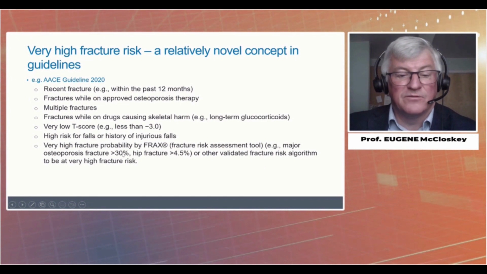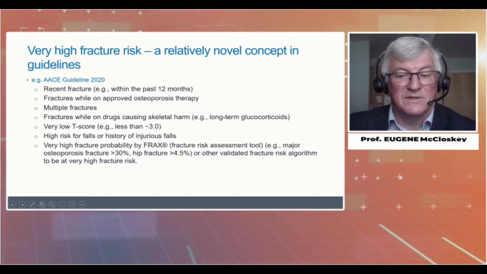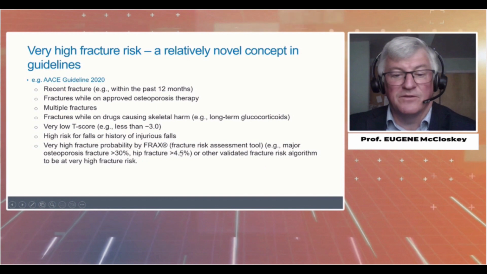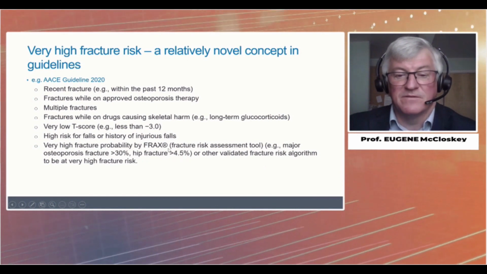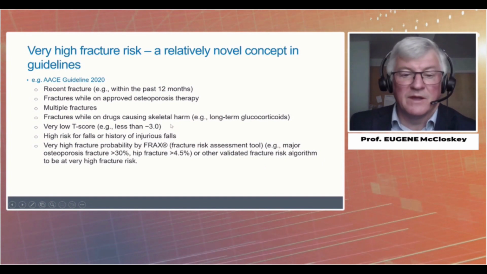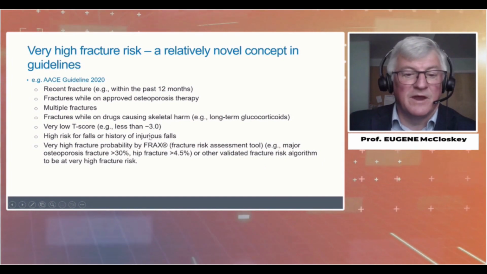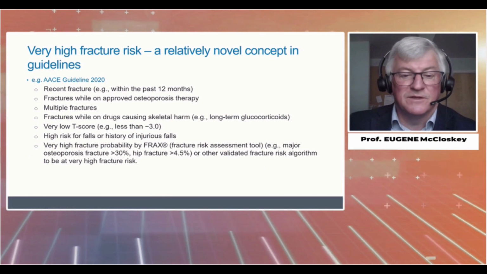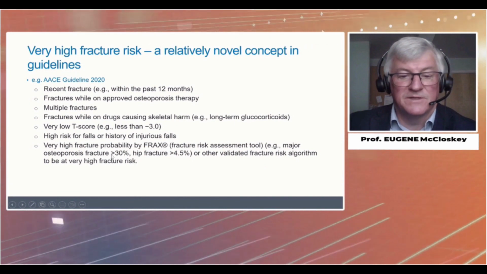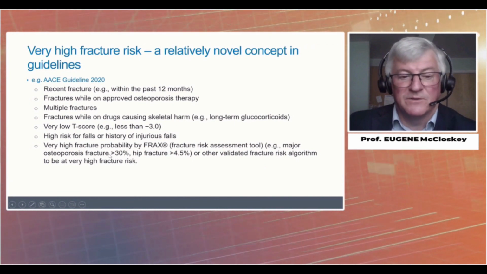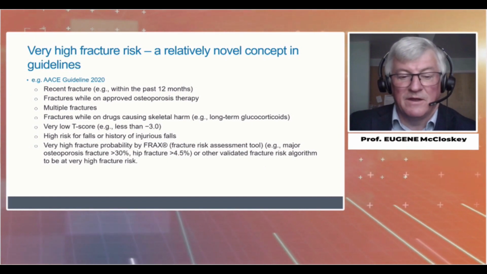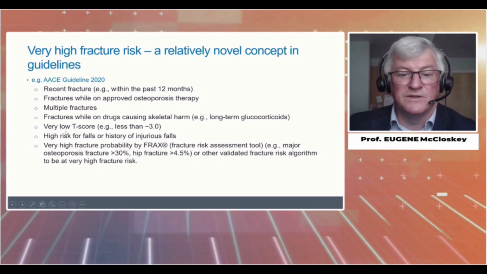And here, instead of 20%, very high fracture risk, as an example, has been given as 30%, and instead of hip fracture at 3%, very high fracture risk is set at 4.5%. But again, these are largely numbers that are sort of a little bit picked from the air as to what very high fracture risk would mean. But I think for most of us, a risk of more than 30% in the next 10 years of major osteoporotic fracture is something that we would like to treat properly and effectively to reduce future fracture risk.